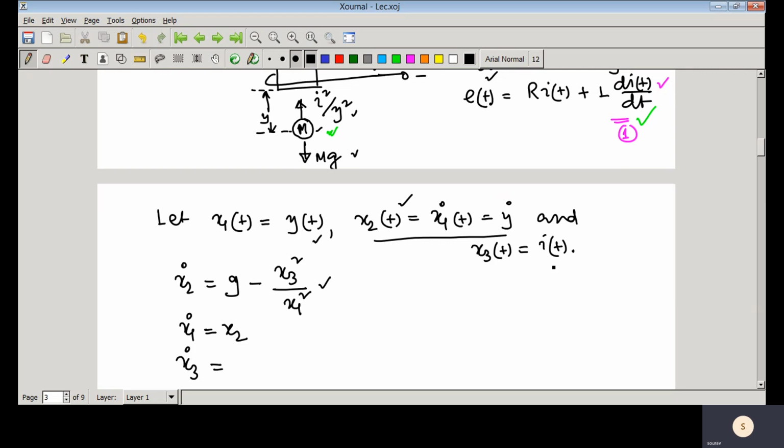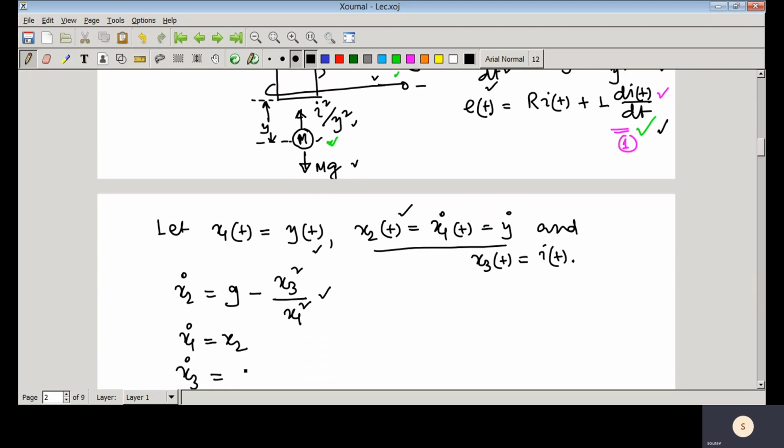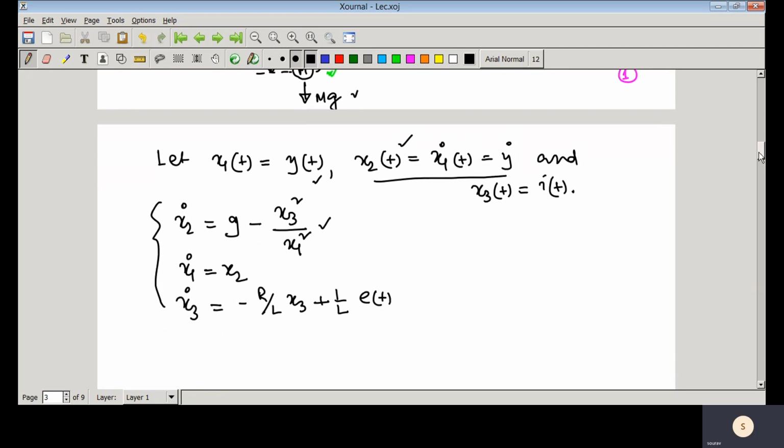X3 dot, from this equation, if you divide by L, then you can find that x3 dot equals, if you take this term to the left and divide by L, minus R by L x3 plus 1 by L e(t). So this is the system equation, and the output equation is x1(t) equals y(t).